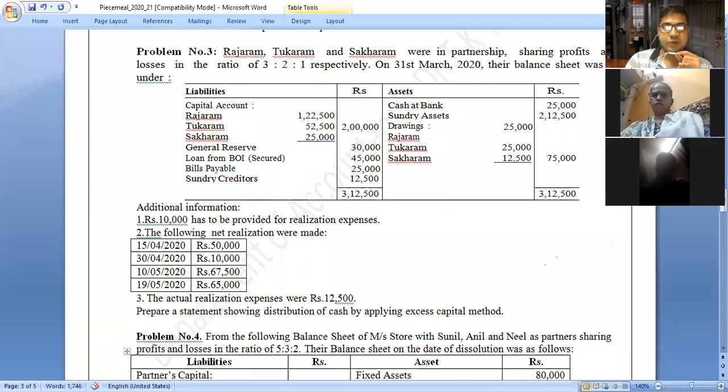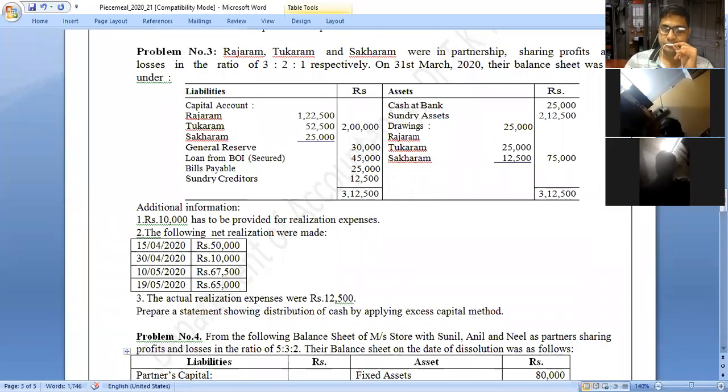It is the same formula as the unit capital. The adjusted capital 60,000 divided by profit sharing ratio 3, so you will get the 20,000 value. Here 2,500 divided by 2, you will get the 1250 value of the new unit capital.